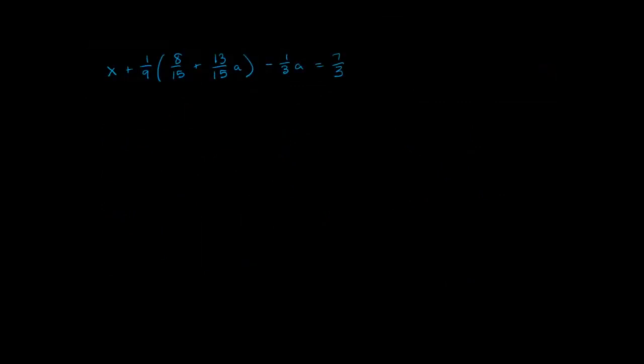And now I need to solve this for x. So this is going to get kind of gross with all the fractions. And I don't even see really anything that I can immediately reduce. 9 times 15, so that's 135 plus 13 over 135a minus 1/3 a equals 7/3.